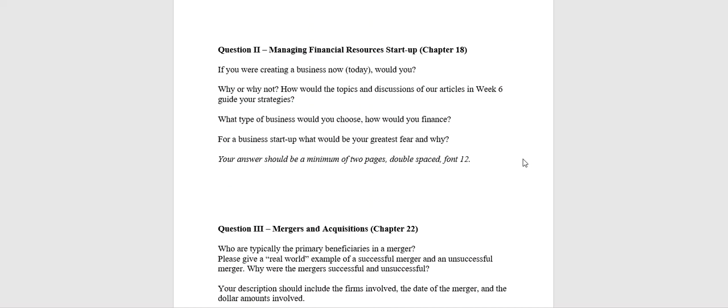Question number 2. If you were creating a business today, that's a loaded question. Would you? Why or why not? Using the discussions that we talked about in week 6, what type of business would you choose and how would you finance it if you were to start a company today? Remember, small business financing is a little bit simpler or less complicated than corporations.